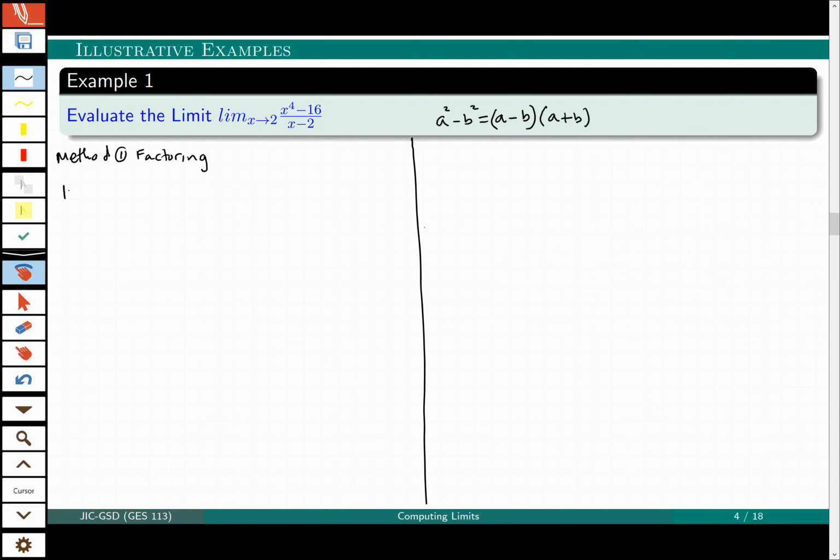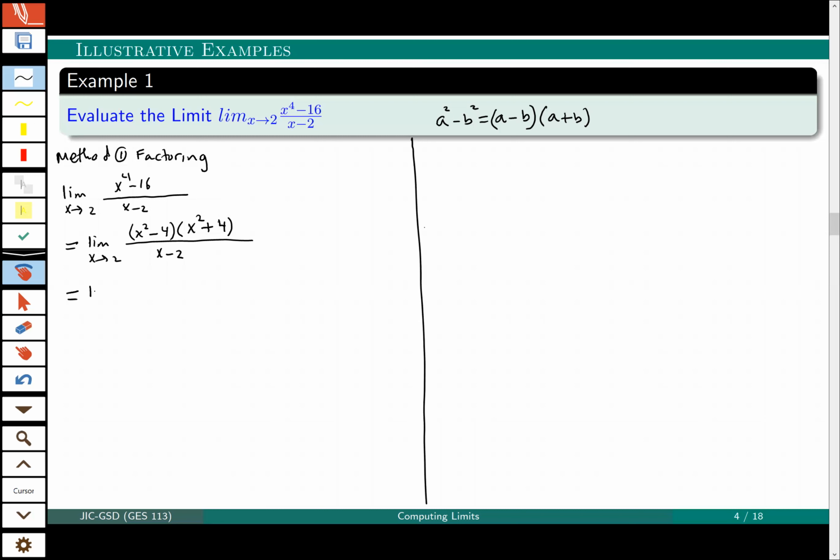So when I have the limit as x goes to 2 of x to the power 4 minus 16 divided by x minus 2, I will say that's equal to the limit as x goes to 2 of square root of the first, which is x squared, minus square root of the second, which is 4, times x squared plus 4, divided by x minus 2.